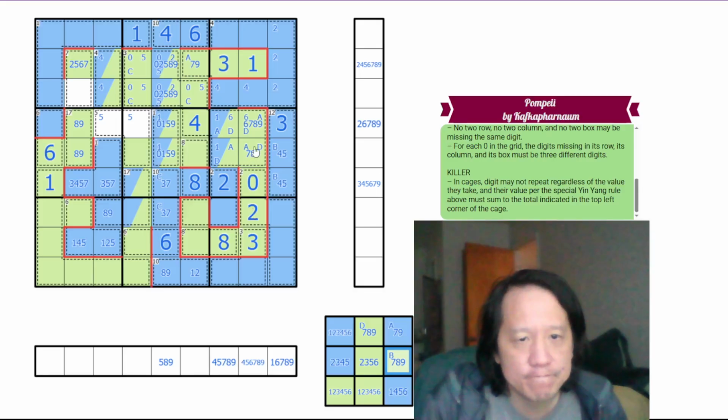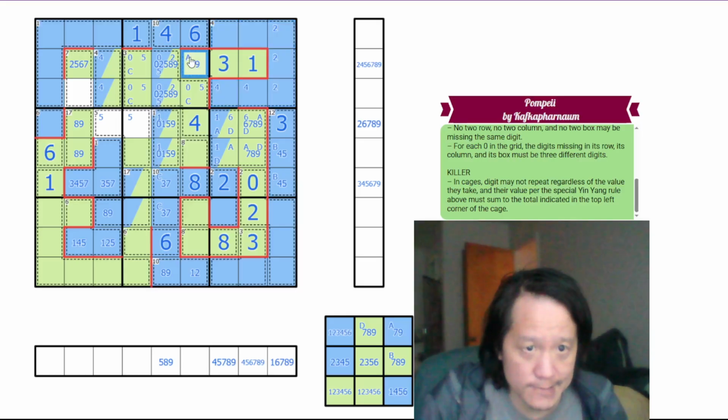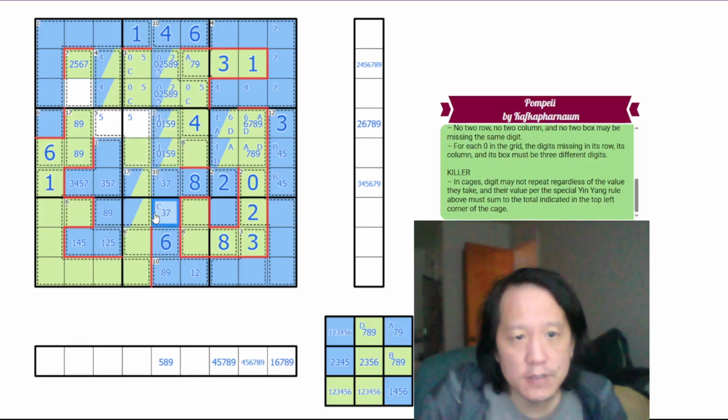A and D are here, obviously. B and D have to be here. A is there. So A is not anywhere in box 3. A can't be here. A is one of these.